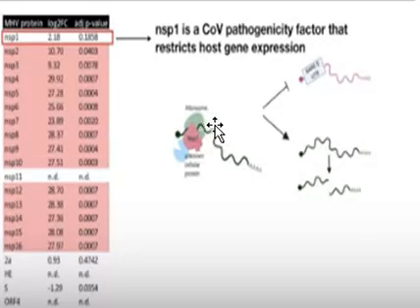This one that is at the beginning, at the top here, is the NSP1 protein, and that is the one which is suppressing our gene expression. Our gene expression is suppressed, and it's going to express its own proteins, its own mRNA genome here.